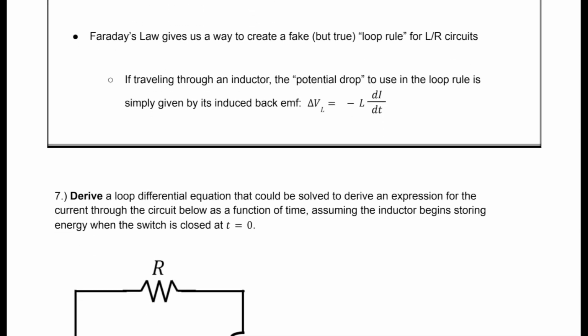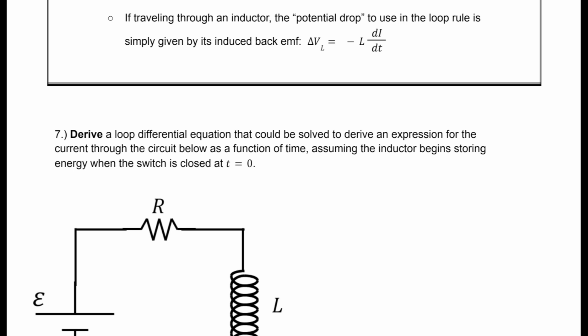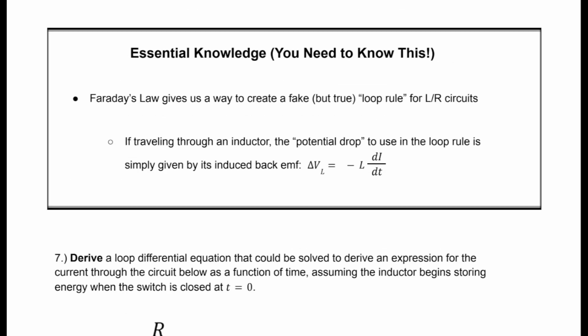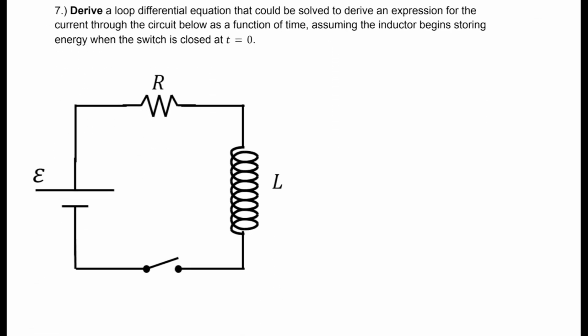I didn't really think it was worth our time to go over the fact that the loop rule kind of breaks when magnetic flux is introduced due to the non-conservative electric fields. That's a whole rabbit hole you could go down, but we will just say that if we want our potential drop, we're just going to use the traditional inductor potential drop formula and treat it like a resistor in that sense. So we're just going to come up with our loop equation first here.